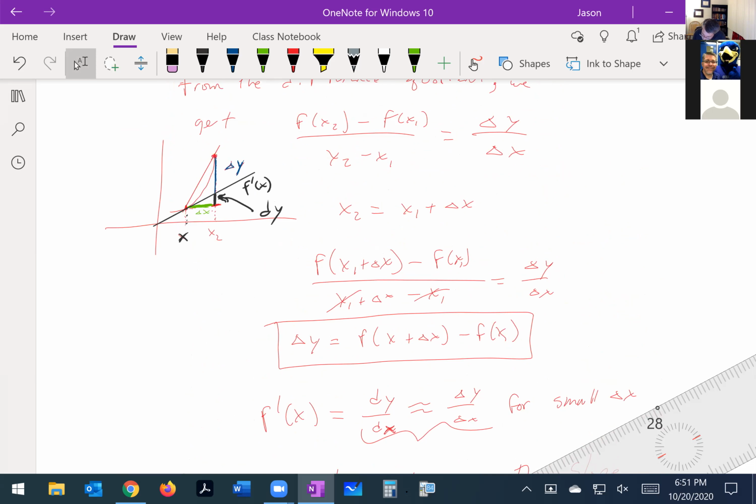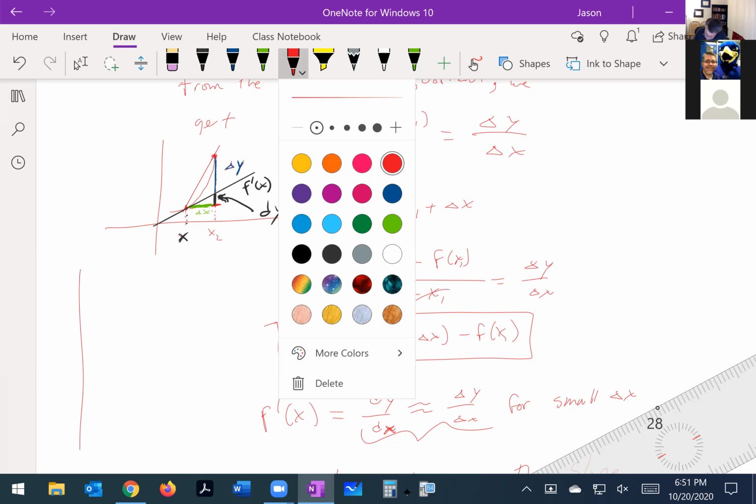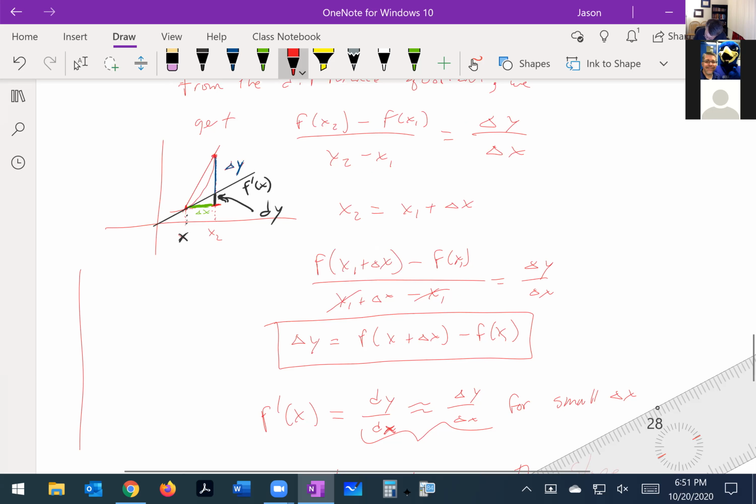However, if I were to zoom in on my diagram right at x, and now let's say that delta x is really small.